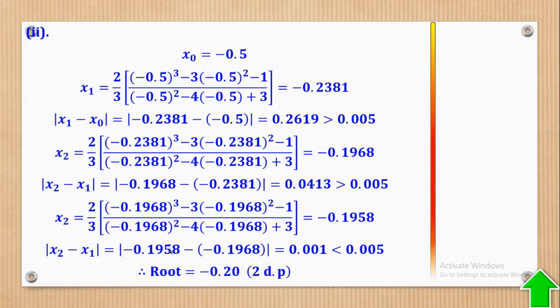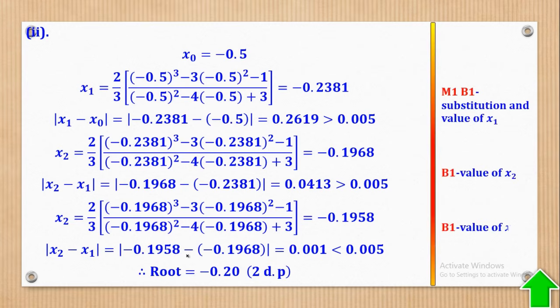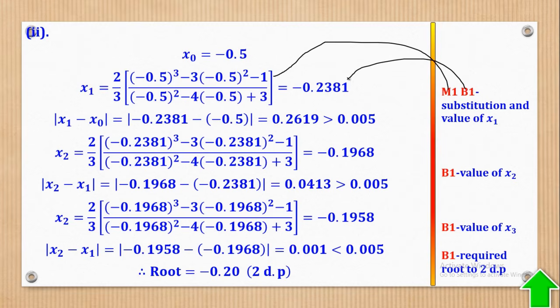Now let's see how marks can be awarded. So M1 for this substitution, B1 for this output, B1 for this output, B1 for this output, B1 for the root correct to two decimal places.